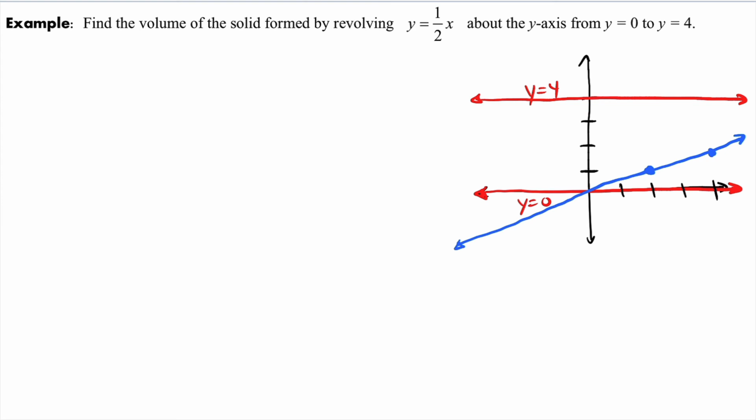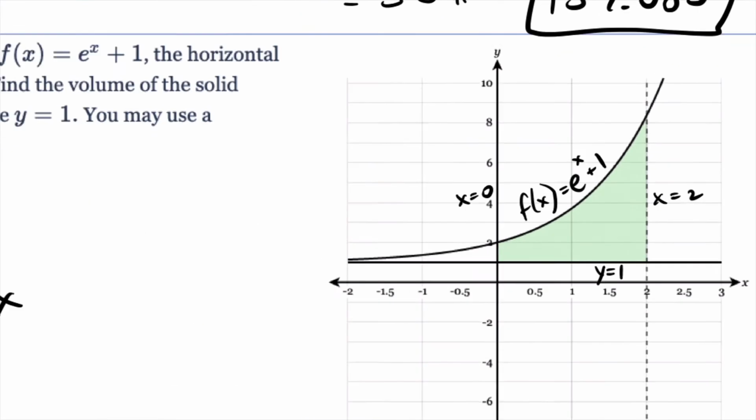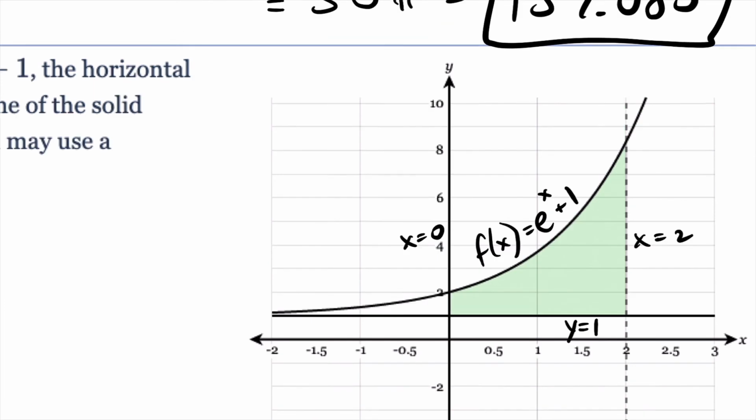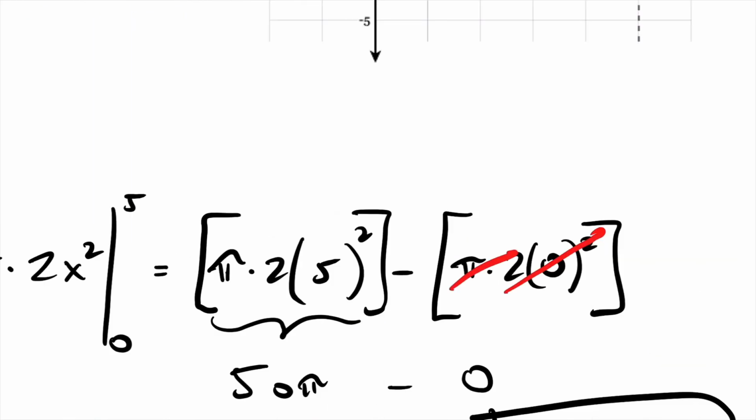Where is it revolving around? We have to have a bounded area like we did before with the green stuff, right? That was bounded on all sides, right? Same thing with the one before.